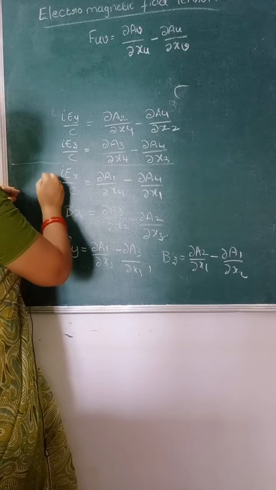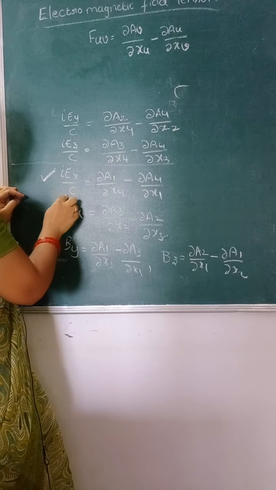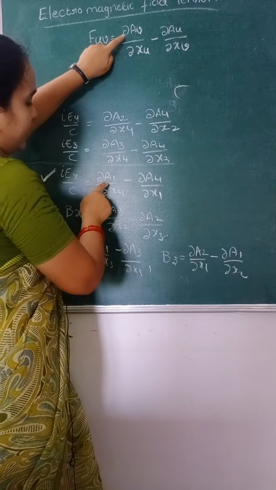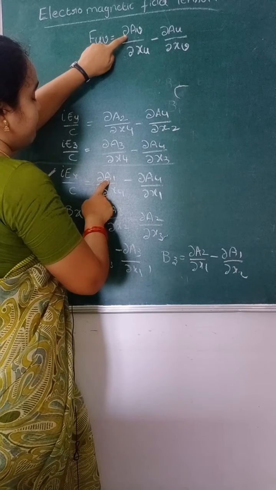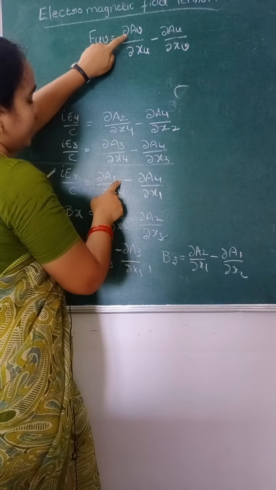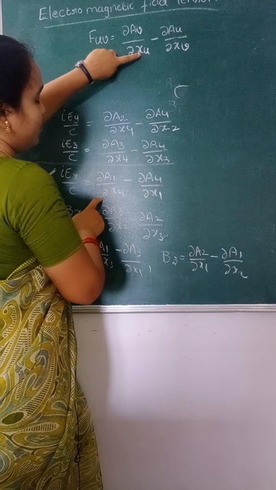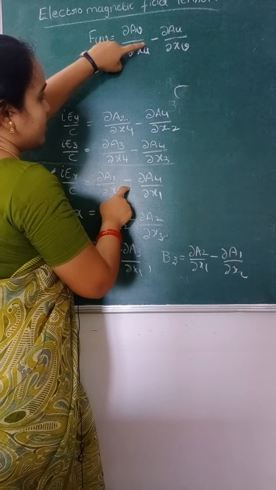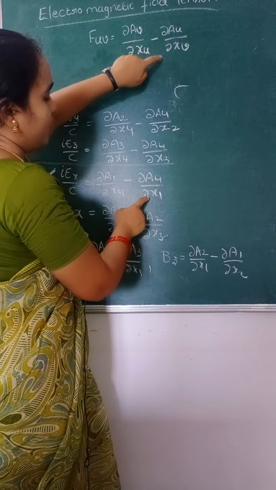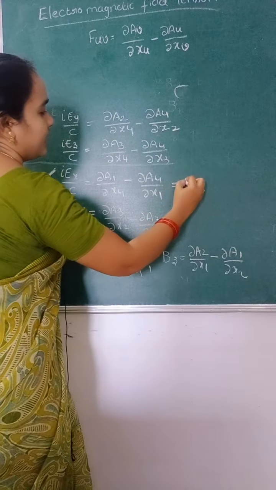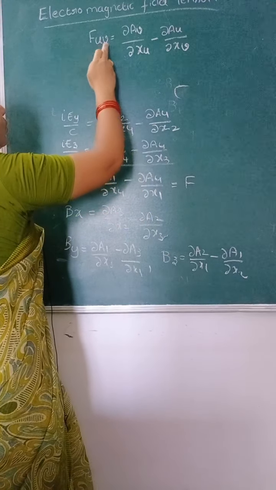Let us find out what is iEx/c. iEx/c is ∂a1/∂x4, that means in place of v we have 1 and in place of u we have 4, minus ∂a4/∂x1. So this is nothing but F of uv.